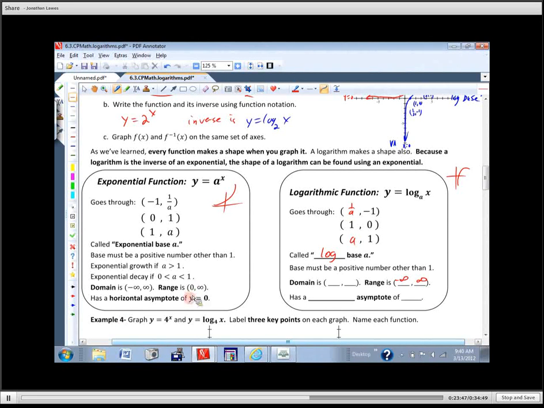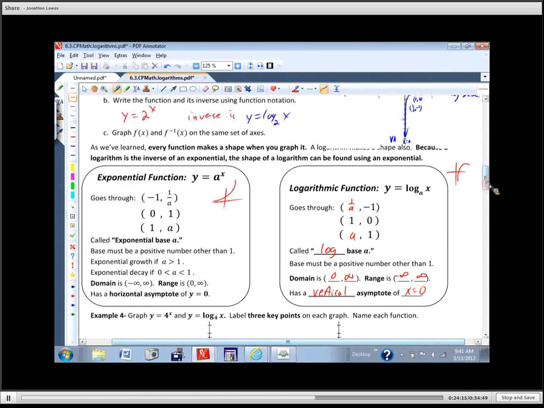And if the range on an exponential is from 0 to infinity, that's going to be the domain on the logarithm. And if exponentials have a horizontal asymptote of y equals 0, then a logarithm has a vertical asymptote of x equals 0. So notice how all the x stuff got switched for y stuff. Okay, any questions?